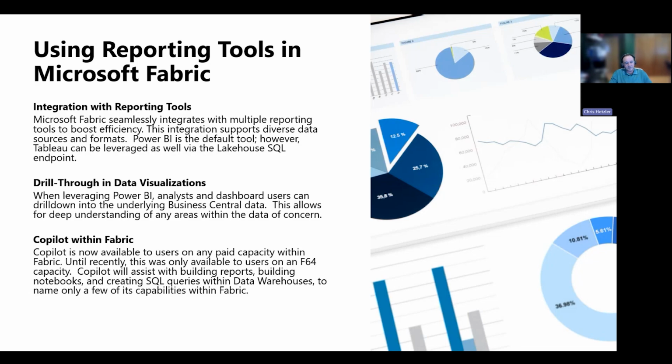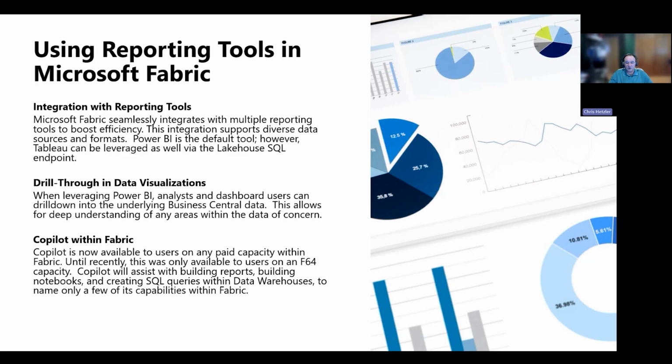Another fascinating capability of Fabric that was released at the Fabric conference was opening up Copilot in Fabric to all Fabric users, no matter what capacity they are on. Originally you needed to be on an F64 Fabric capacity to unlock Copilot features, which is pretty large. That's $8,400 a month if you're on a PayGo subscription.